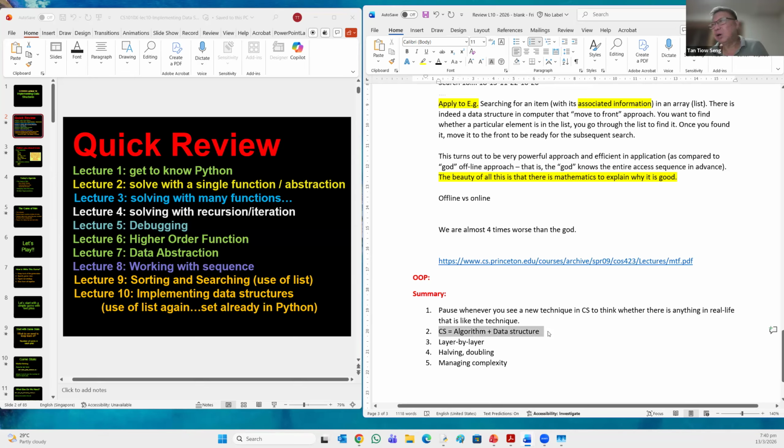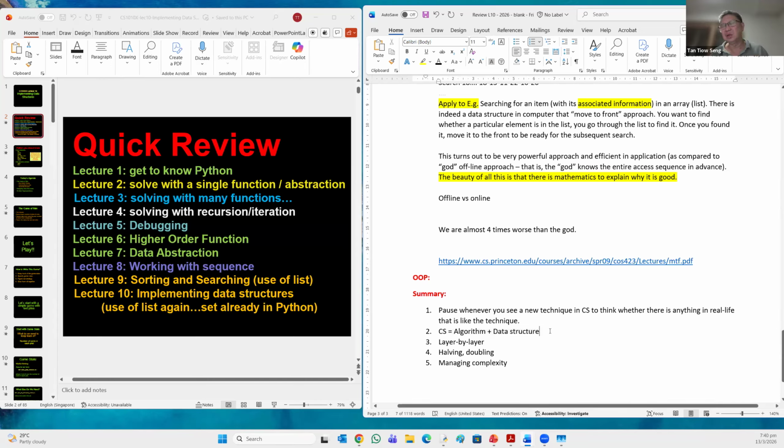Okay, the next point I wanted to make is that the course is divided into algorithms in the front and then data structures in the back, and then a combination of data structures with algorithms into paradigms.